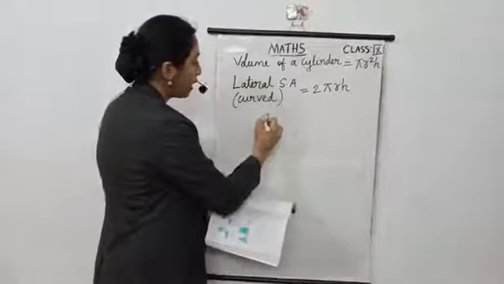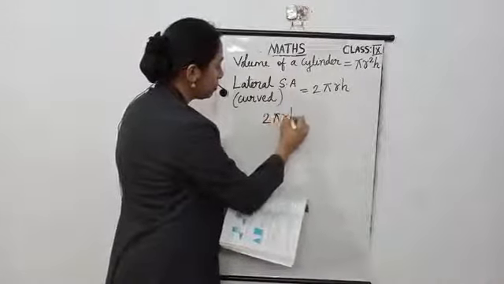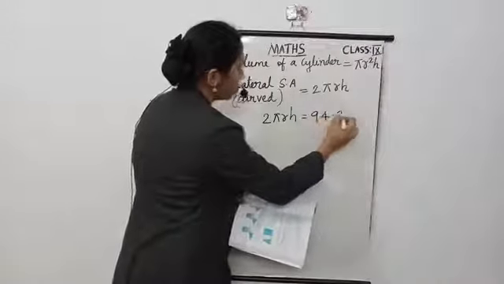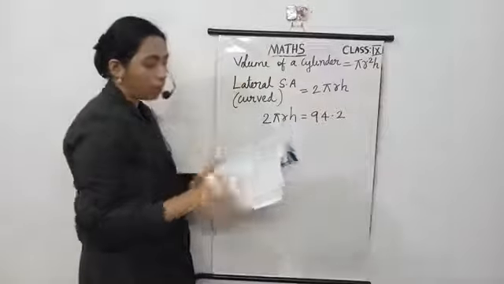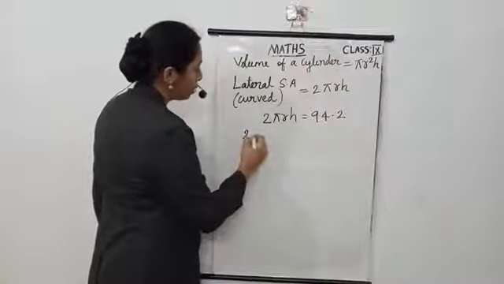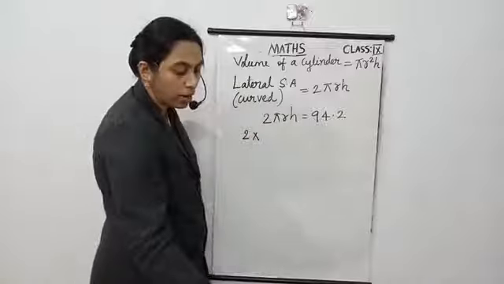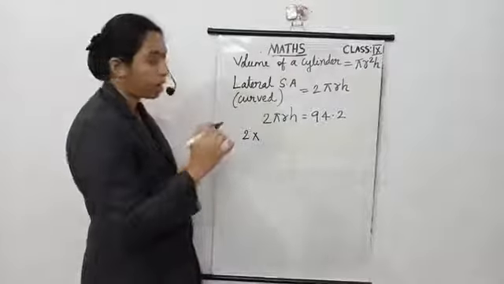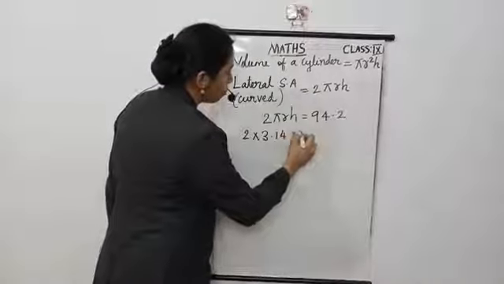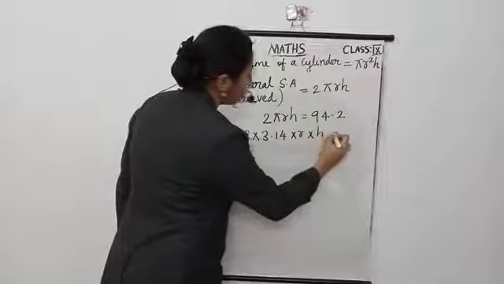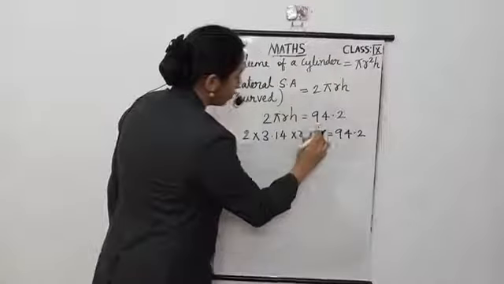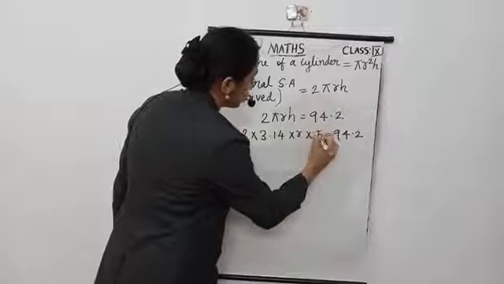So 2 pi r h equal to 94.2 and h is given 5 centimeter. So substitute the values. 2 into, here given pi equal to 3.14. So use 3.14 into r into 5 equal to 94.2, in the place of h, 5.